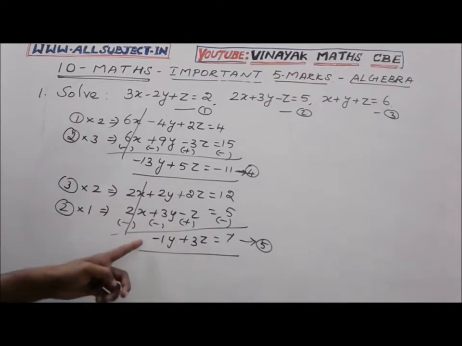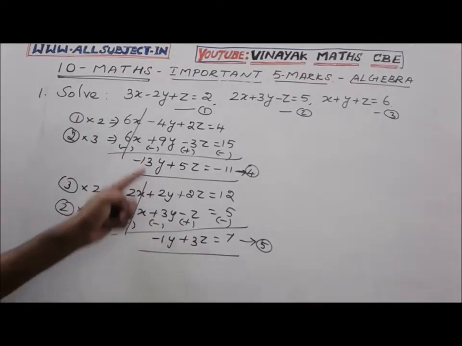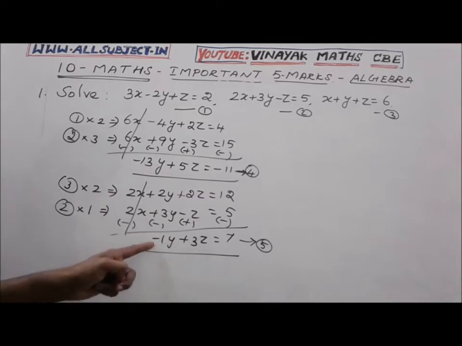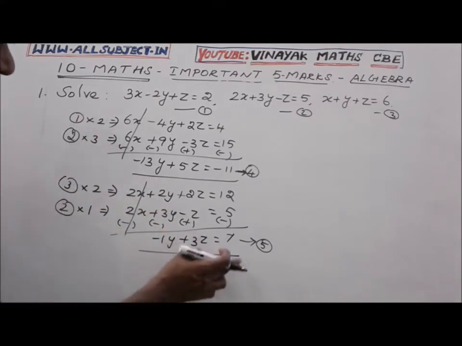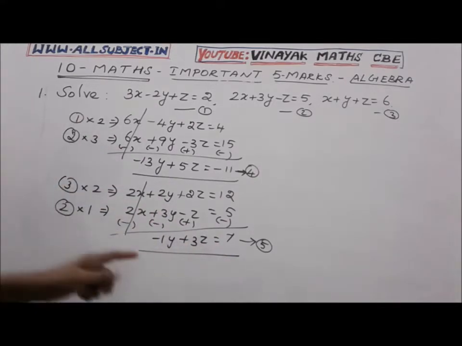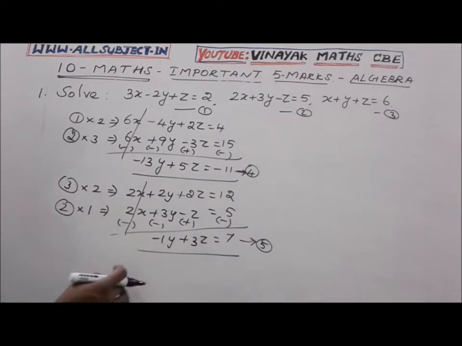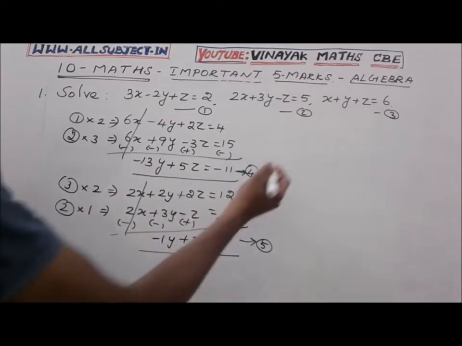Or we can multiply the fifth equation by 13 to equate the coefficient of y and then solve. Because of the bigger number, I can choose this one. To equate the coefficient of y, just multiply the fifth equation by 13, it is enough here.